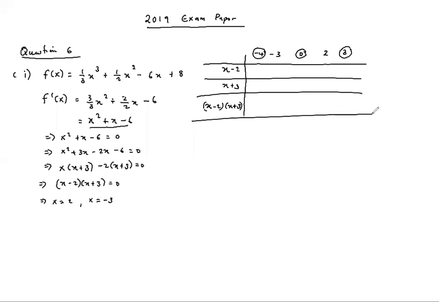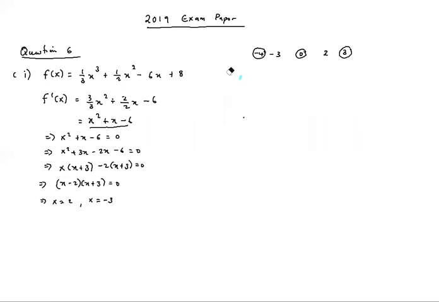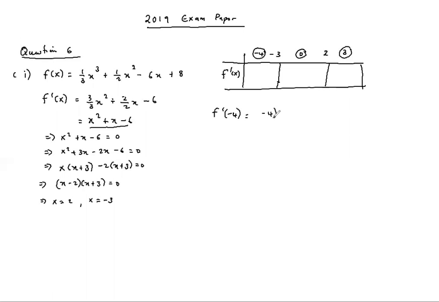To make it easy now, after I've formed the table, what I'm using here is f prime of x. Okay? So I want to test its signs in this. So my table is not complicated. What is f prime of negative 4? So you're substituting in the derivative, so it will be negative 4 squared plus negative 4 minus 6.